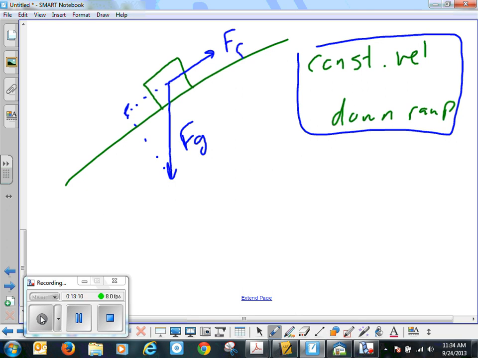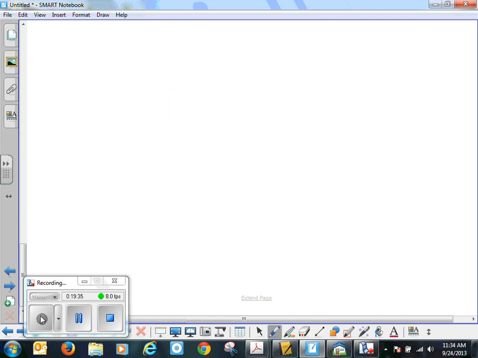And then our normal comes straight out of the ramp, equal in magnitude to this part. So it's the same free body diagram as we had before, right? For stationary and constant velocity, both summations of forces are 0. No acceleration. So you can have a summation of force equal to 0 but still have motion. Okay? So let's look at another one.